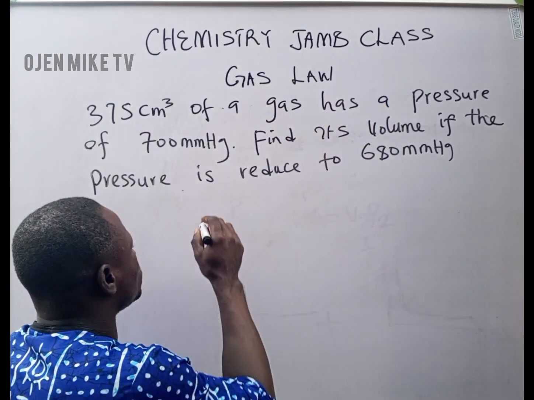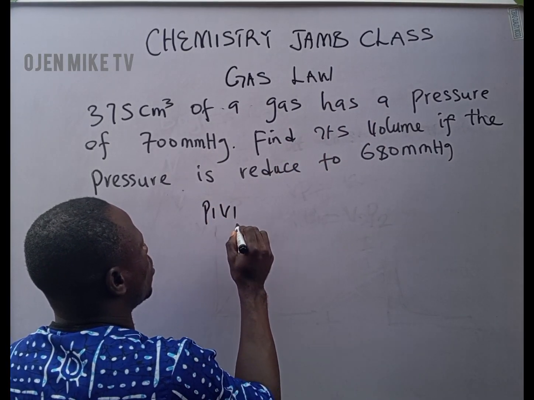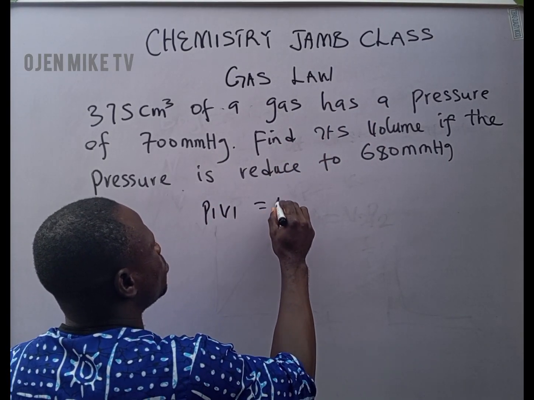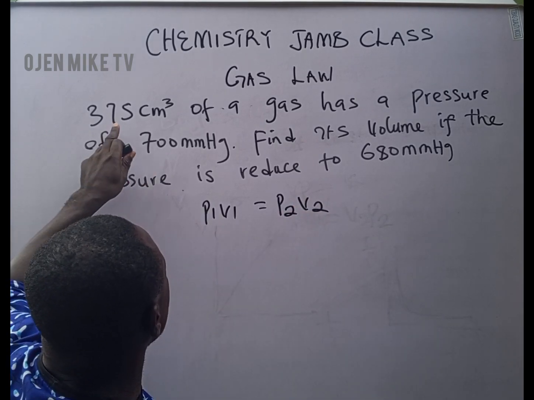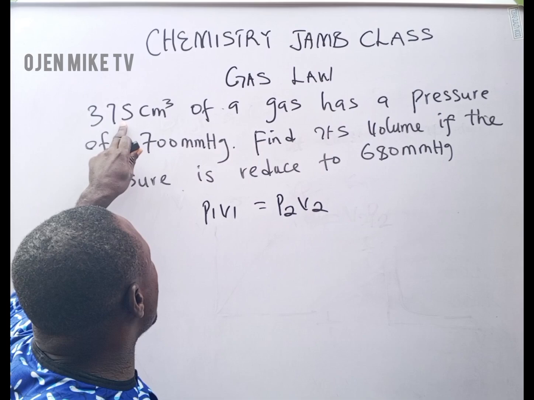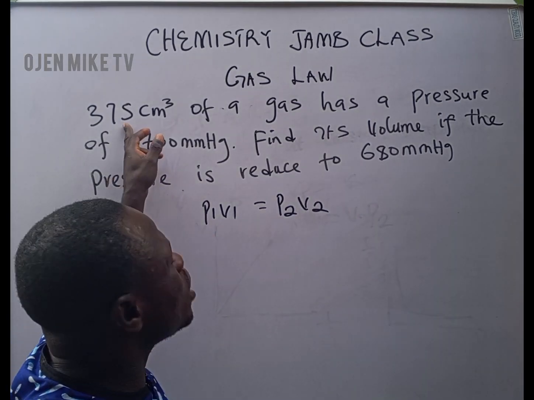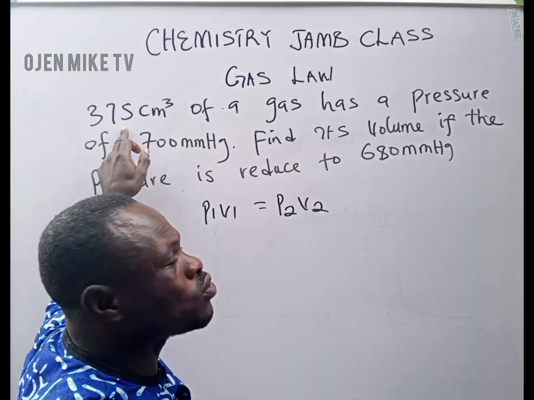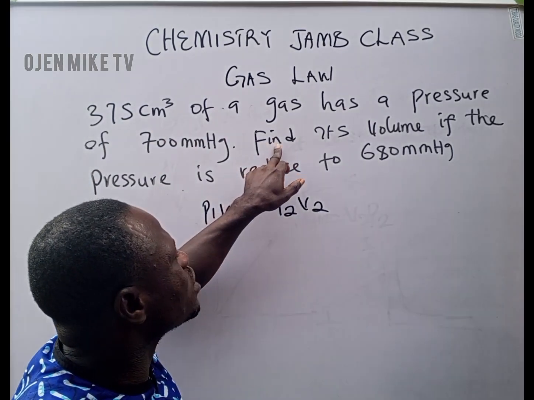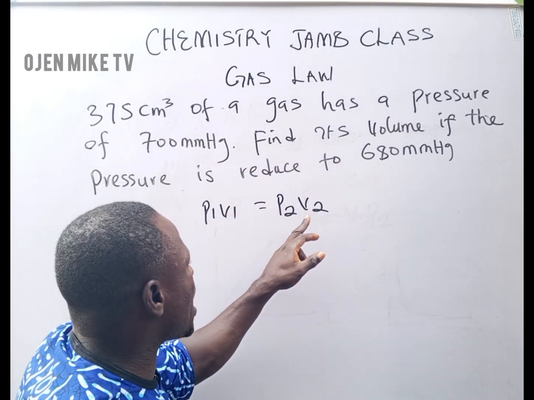Our formula says that P1V1 is equal to P2V2. The volume that you are seeing here is volume 1, what is occurring first. What we are asked to find is volume 2.